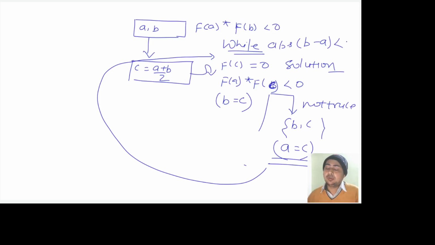So when it is greater than the certain value, the loop will continue, and when it is less than the certain value, the loop will stop. So this loop should continue while the absolute value of b minus a is greater than a certain tolerance, let's say epsilon, and we will give epsilon the value 0.0001, whatever you need.